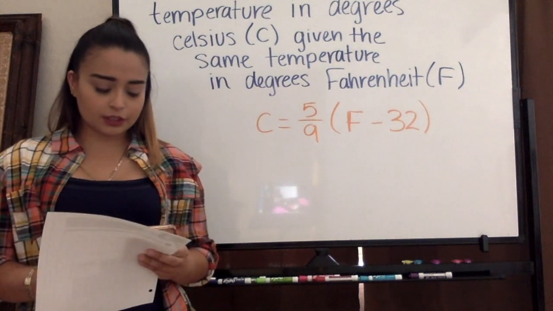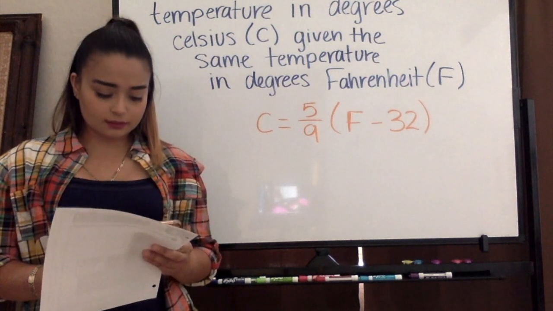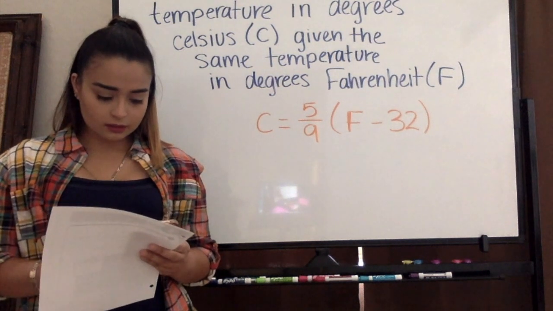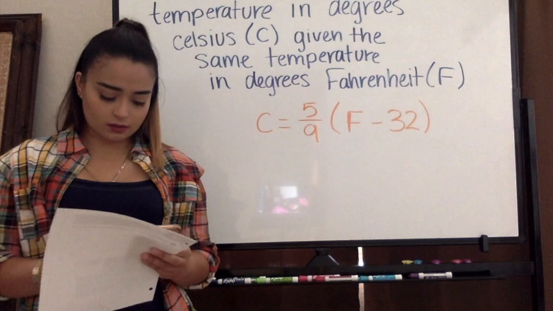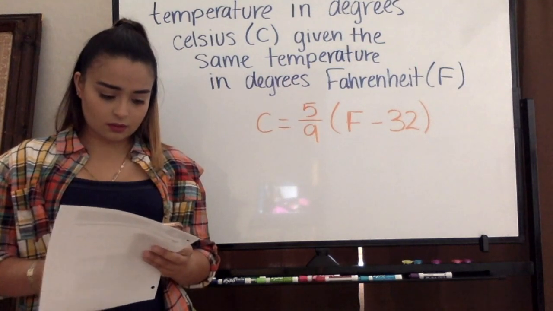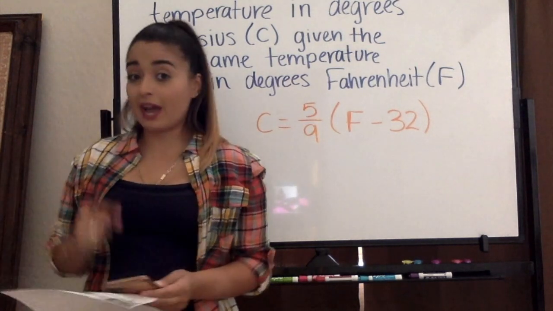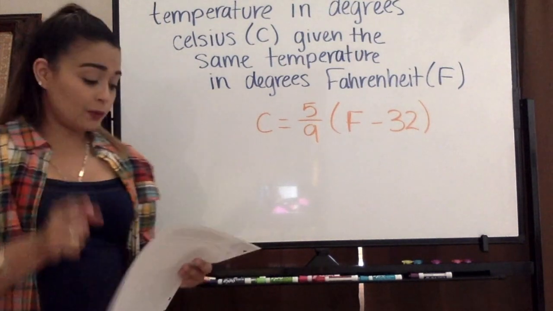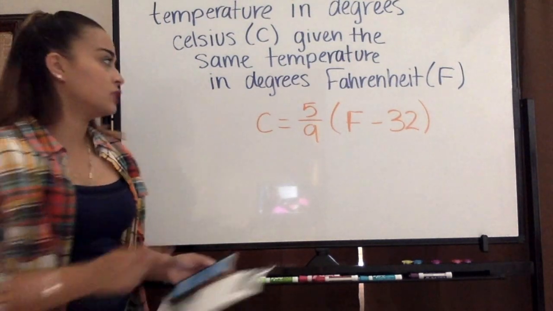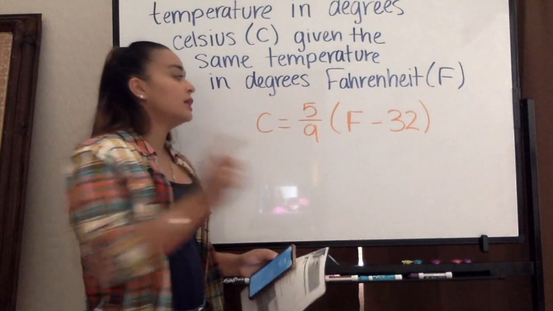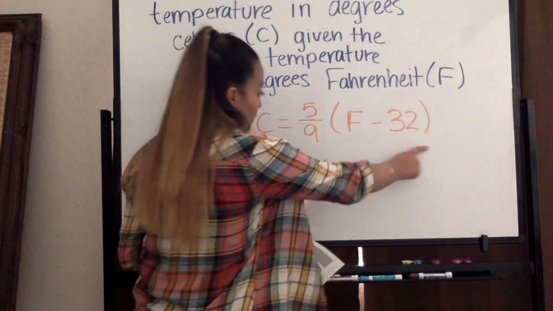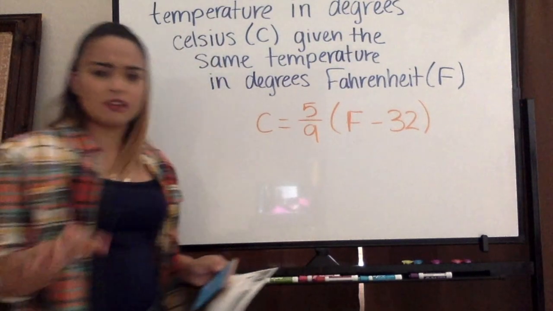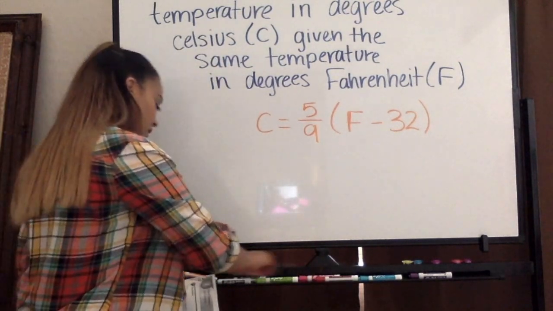Today's temperature is 91 degrees where I am at right now. So it is 91 degrees. So what we would do is that we would plug in 91 to here. So let's just solve it, okay?